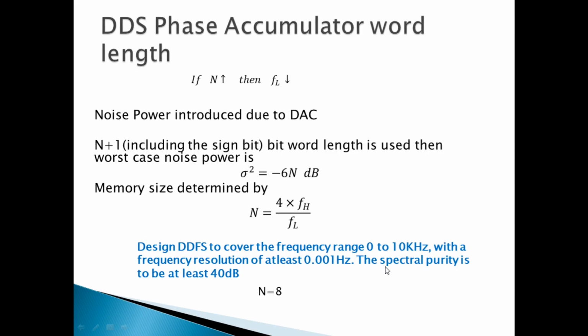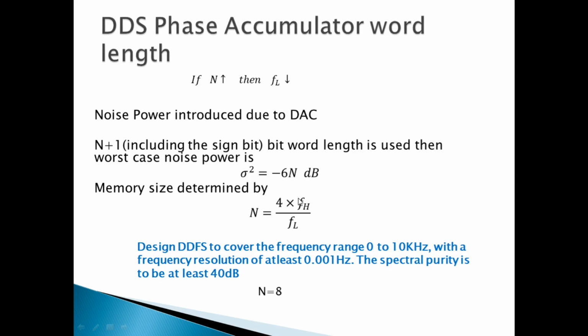So what you notice here is that if we look for this kind of spectral purity, and we put in this formula, if we take 7 bits, then we would get around 42 dB as a noise power. An addition of a sign bit means 8 bits would be sufficient.